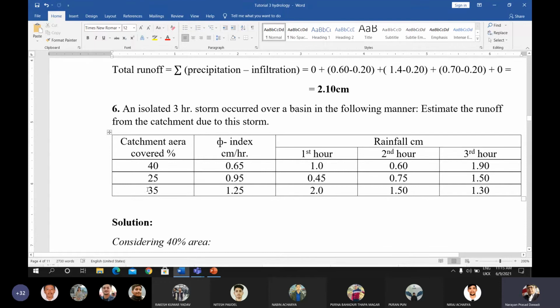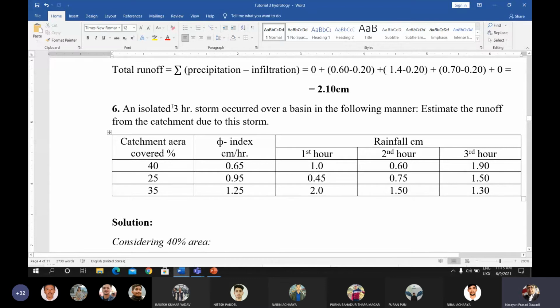Similarly, for the 25% area it is 0.45, 0.75, and 1.5, and for the 35% area 2, 1.5, and 1.3 centimeters of rainfall for the respective hourly durations.